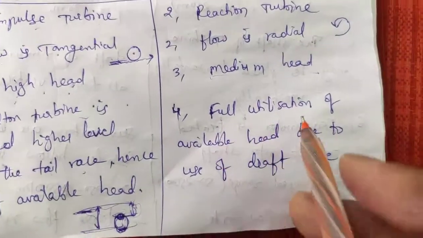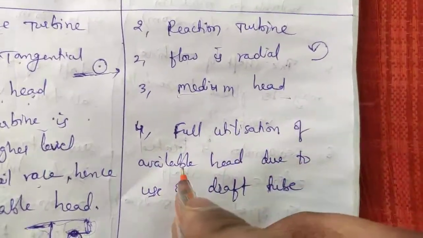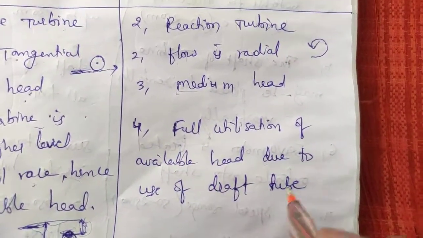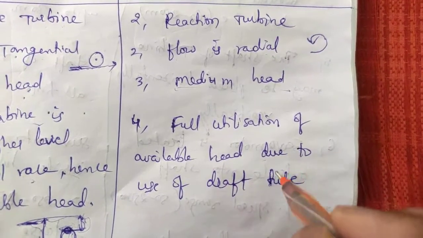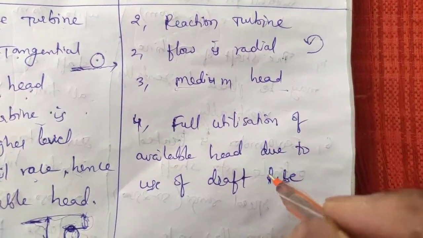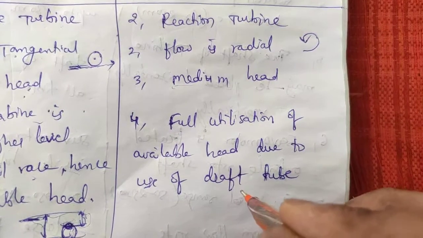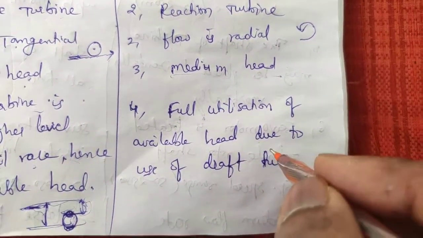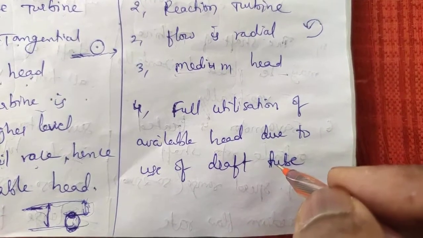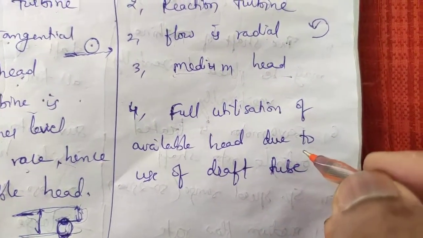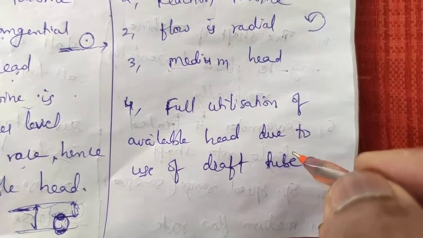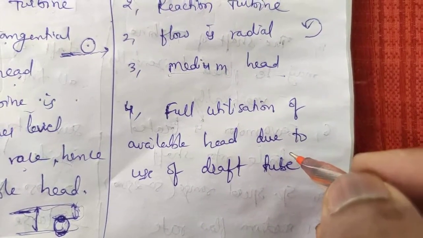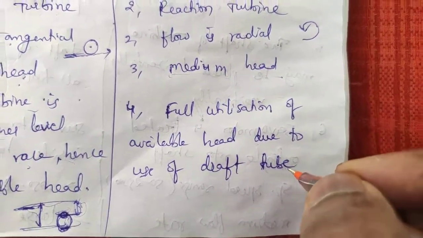In the Francis turbine, there is full utilization of available head due to the use of draft tube. Already told in the Francis turbine introduction. Due to this, the draft tube is connected with the turbine. So this draft tube is integrated with the Francis turbine, so that there is less loss of head.